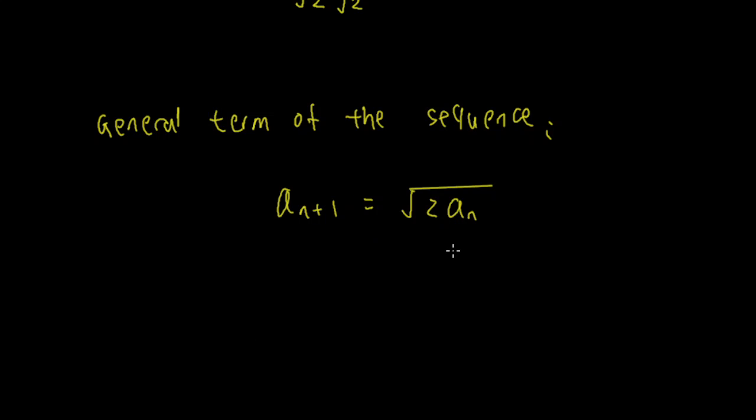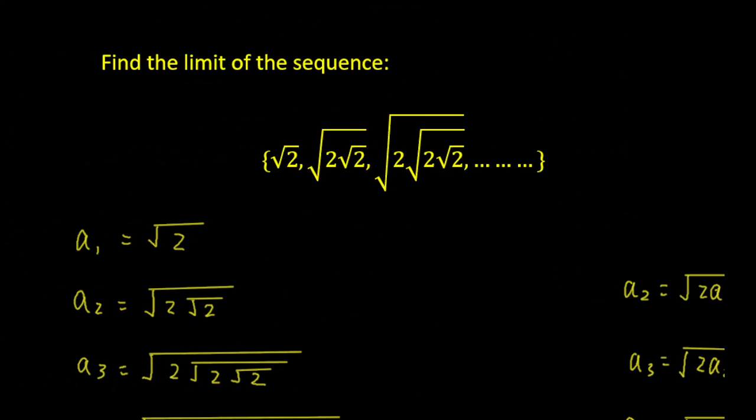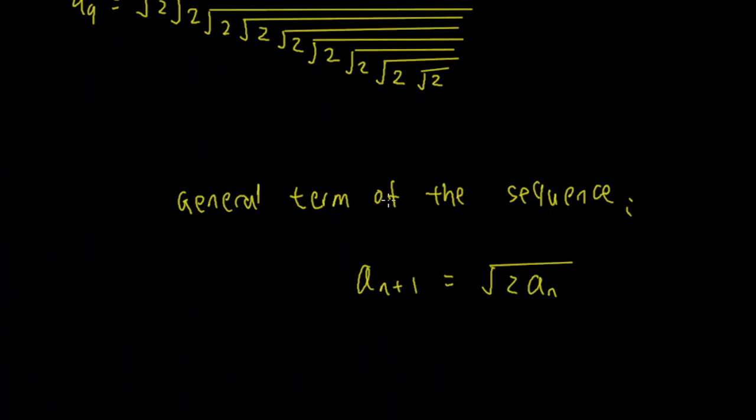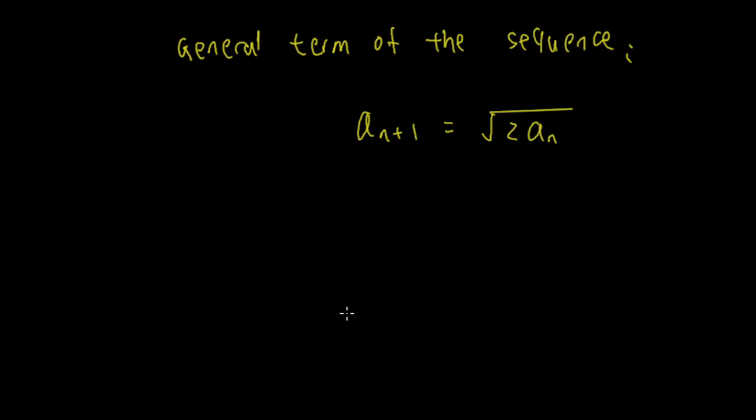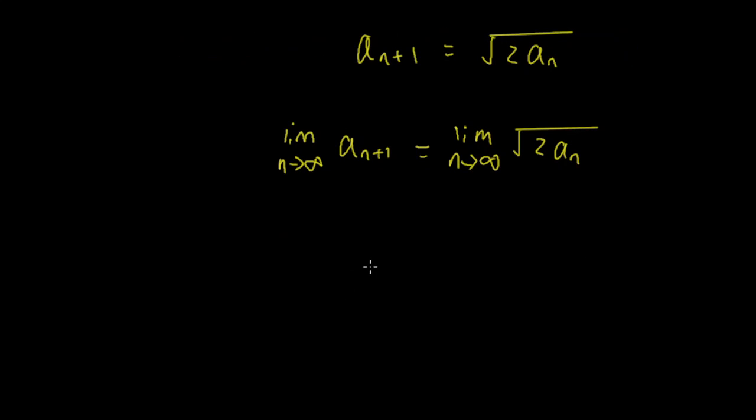Now, the original question is to find the limit of the sequence. Okay, in that case, we will take the limit on both sides as n approaches infinity. So limit as n approaches infinity, a of n plus 1 is equal to limit as n approaches infinity, square root of 2 times a of n.